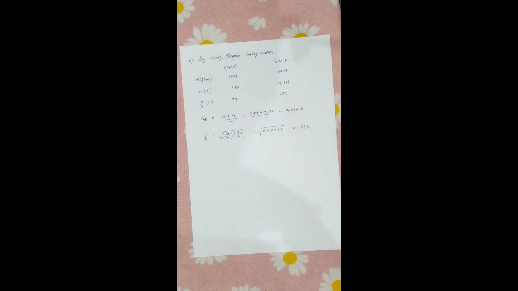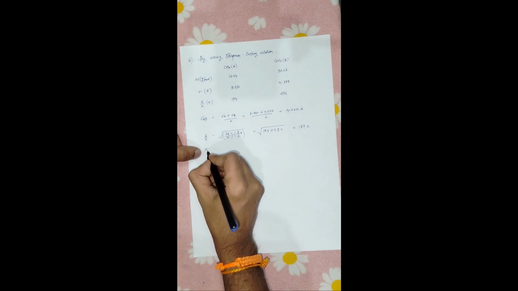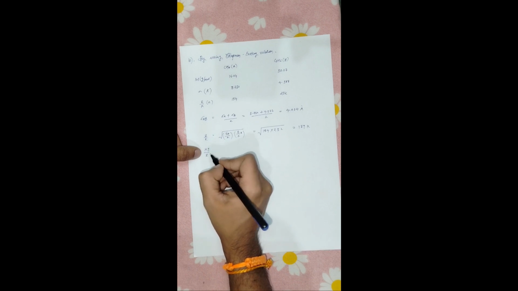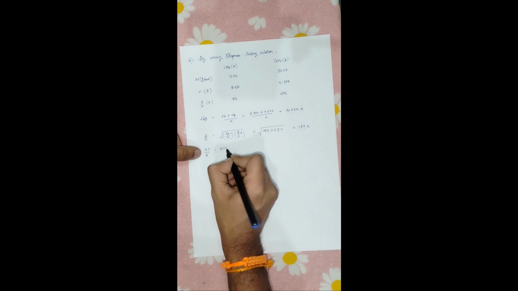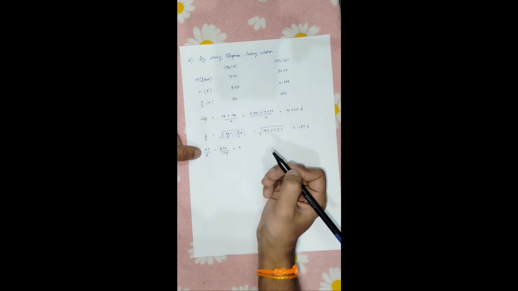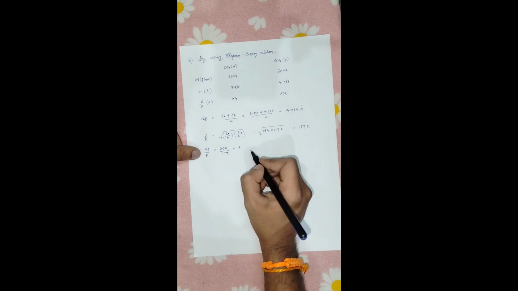Now for the collision integral we have to calculate kT by epsilon. We have already got epsilon by k, but now we want kT by epsilon so as to get the collision integral. We'll get this as 756 by 189, which we have got here. So this is 4, and now we have to use the table for the calculation of the collision integral.